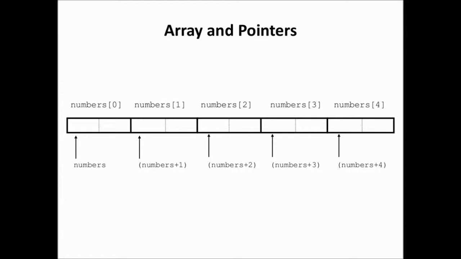So the first location is numbers, the second location is numbers plus 1, and when we use the pointer numbers, it gives us the location of numbers[0], and numbers plus 1 gives us the numbers[1] location, and numbers plus 2, 3, and 4 respectively give us the array elements at positions 2, 3, and 4.